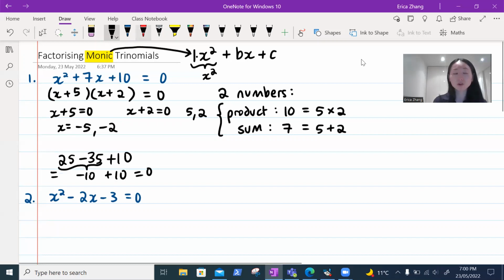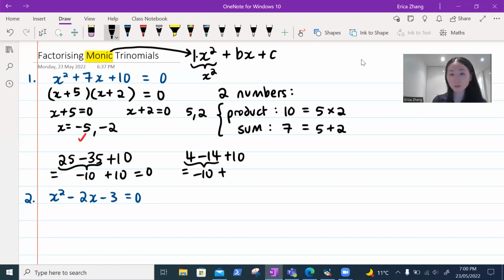Okay, so we know minus 5 is one of our solutions. What about minus 2? Minus 2 squared is 4. Minus 2 times 7 is minus 14, plus 10, is equal to 4 minus 14 plus 10, which is equal to 0. So minus 2 is another correct solution.